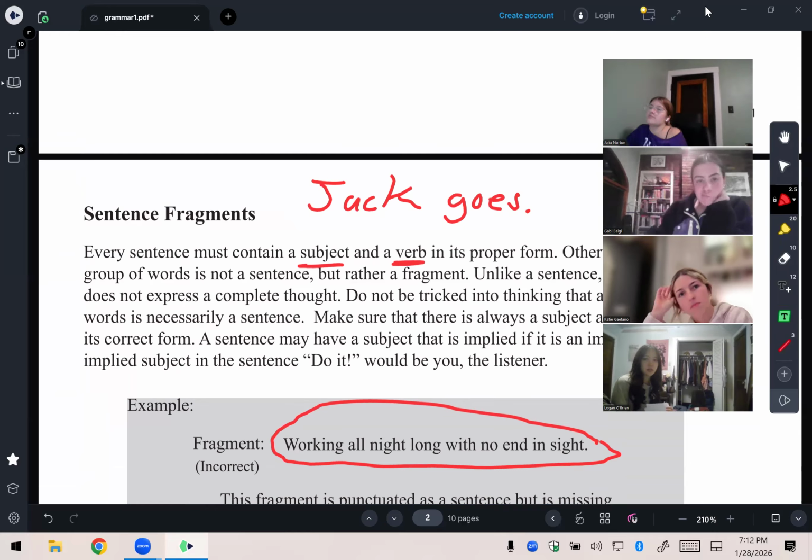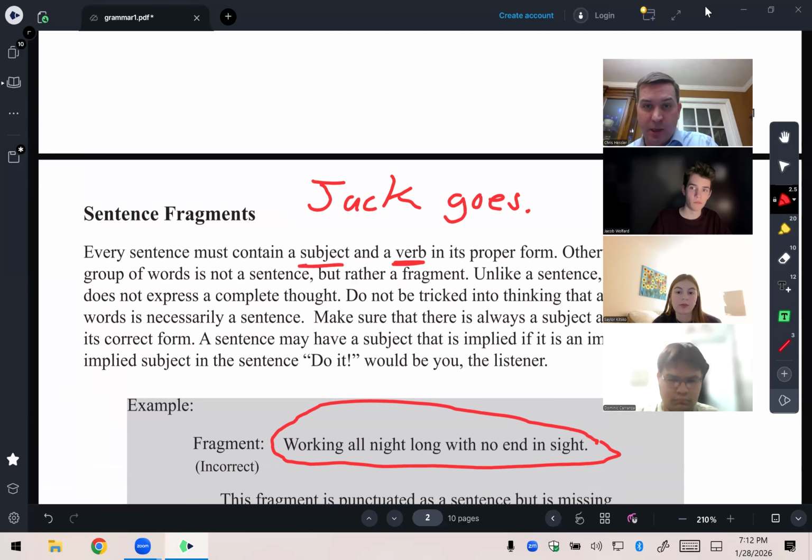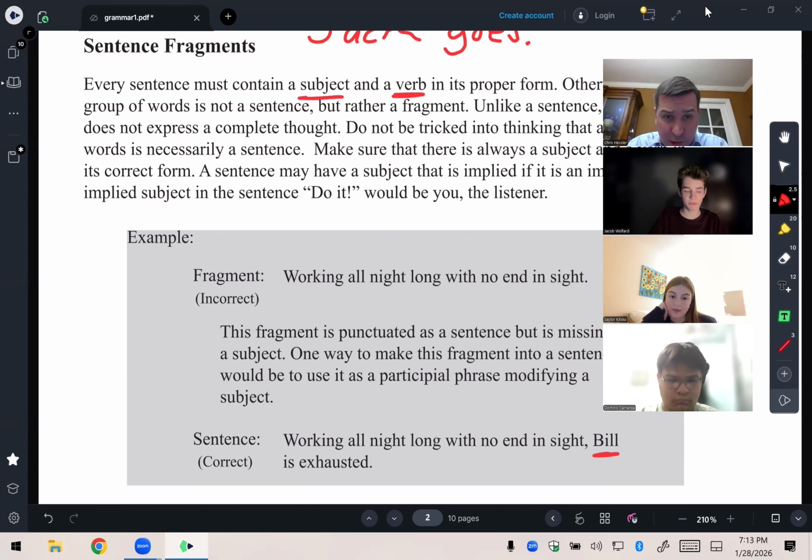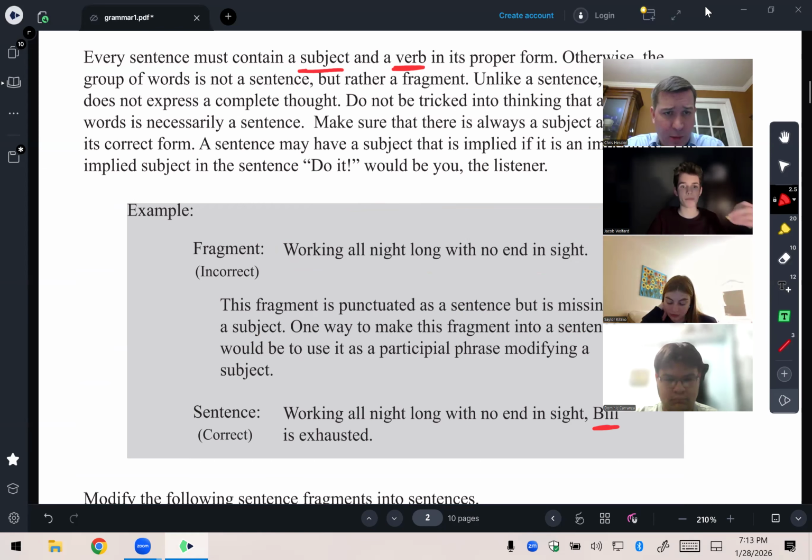Subject. Yeah, subject. I agree. And Gabby was raising her hand to say the same thing, I think. Yeah, so watch out for stuff like this. It's not a sentence. At first glance, it looks like one, but that'll never be a subject unless we do something like this. We have to add one. Working all night long with no end in sight, Bill is exhausted.